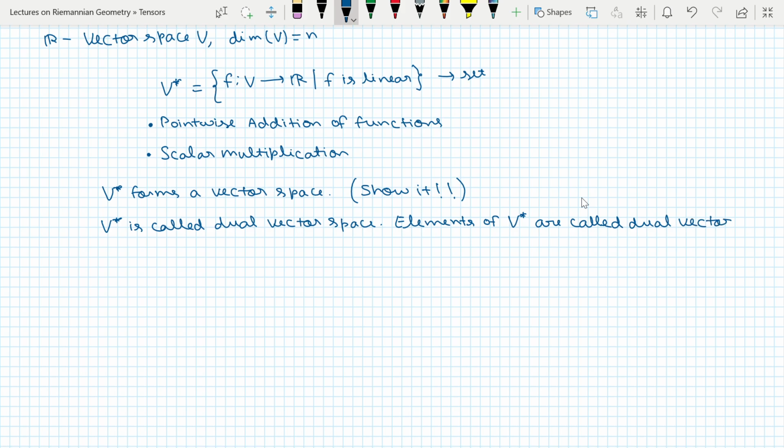They are also called covectors or functionals. So if someone is coming from a pure mathematics background, then in their linear algebra course, they have studied functionals. That's what they use. In general relativity, you usually say covectors. Okay, so that's the thing.